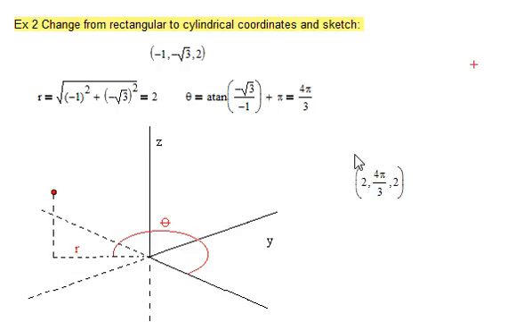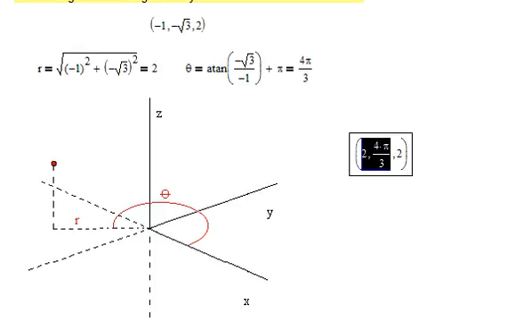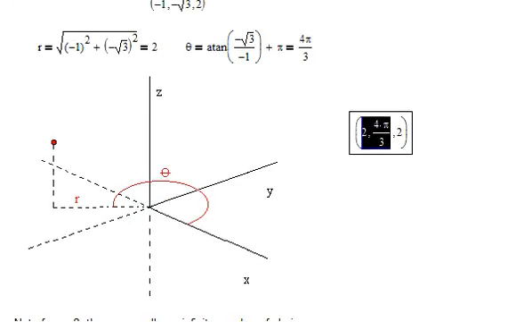So there it is in cylindrical coordinates. So it was this in rectangular, there it is in cylindrical. Here it is in a picture. So 2 units this way, 2 units from here to here. I'm not drawing to scale, and the angle is 4 pi over 3.